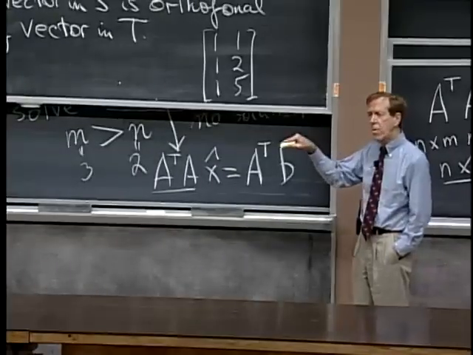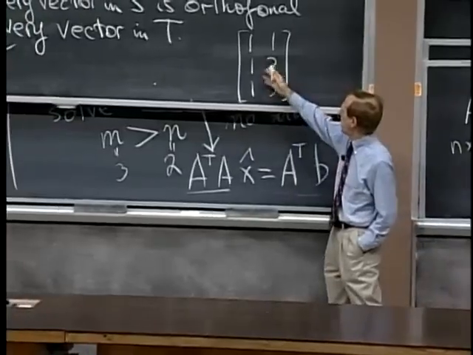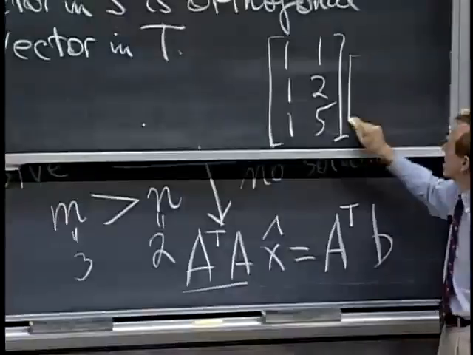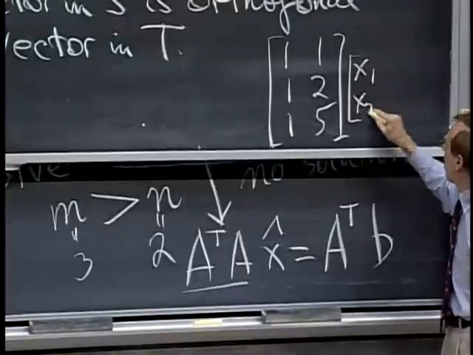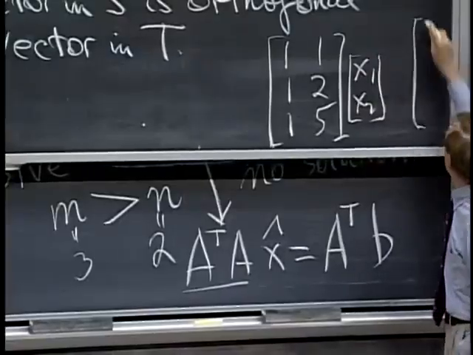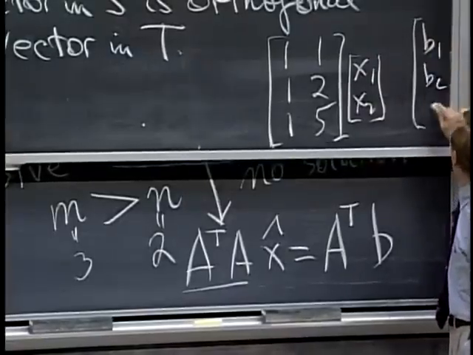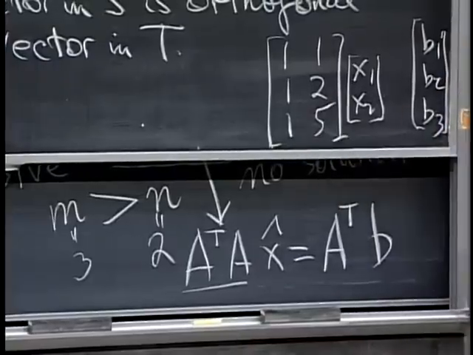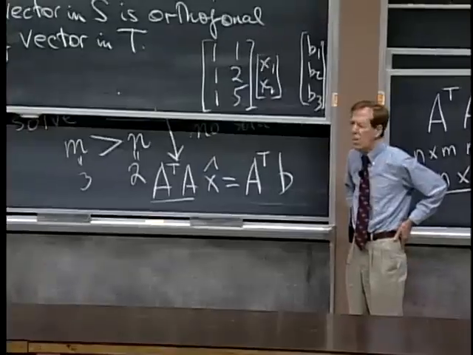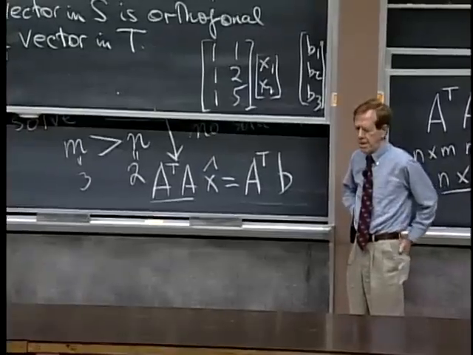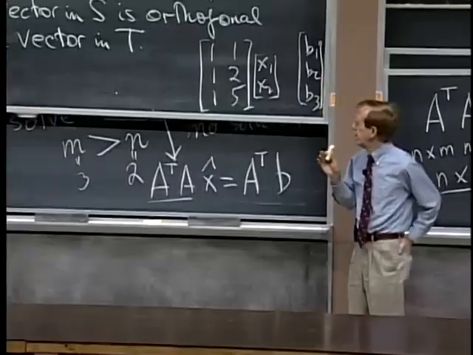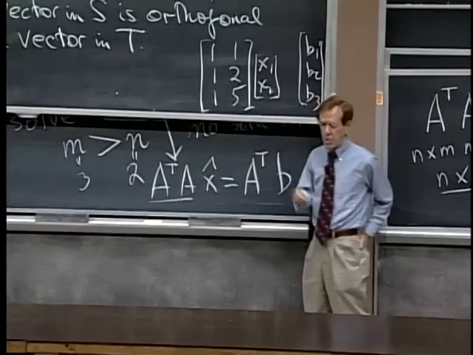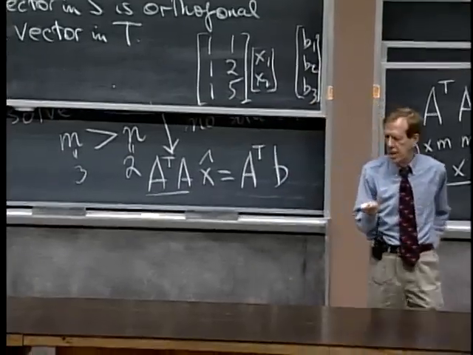Does Ax equal b? If I look at Ax equal b, so x is just x1, x2, and b is b1, b2, b3. Do I expect to solve Ax equal b? No way, right? Linear algebra is great, but solving 3 equations with only 2 unknowns, usually we can't do it.